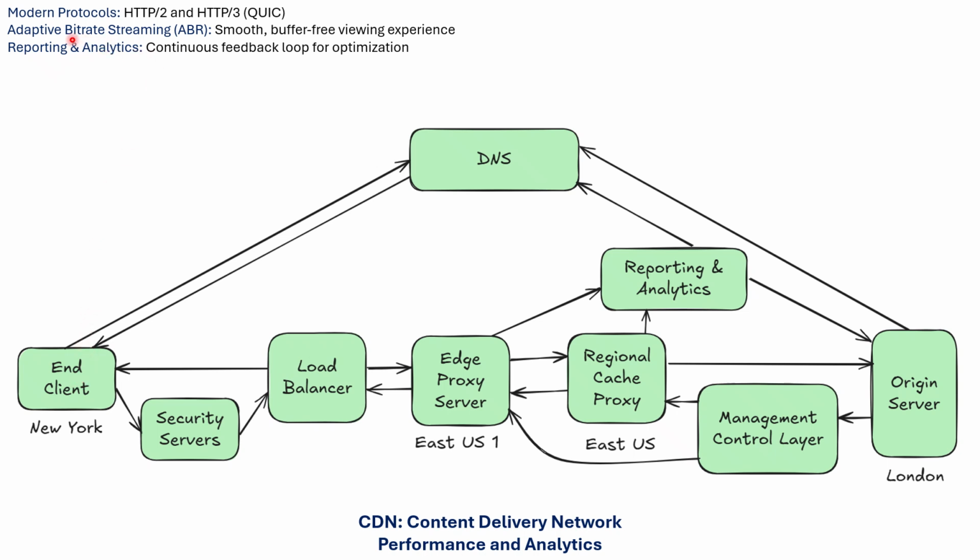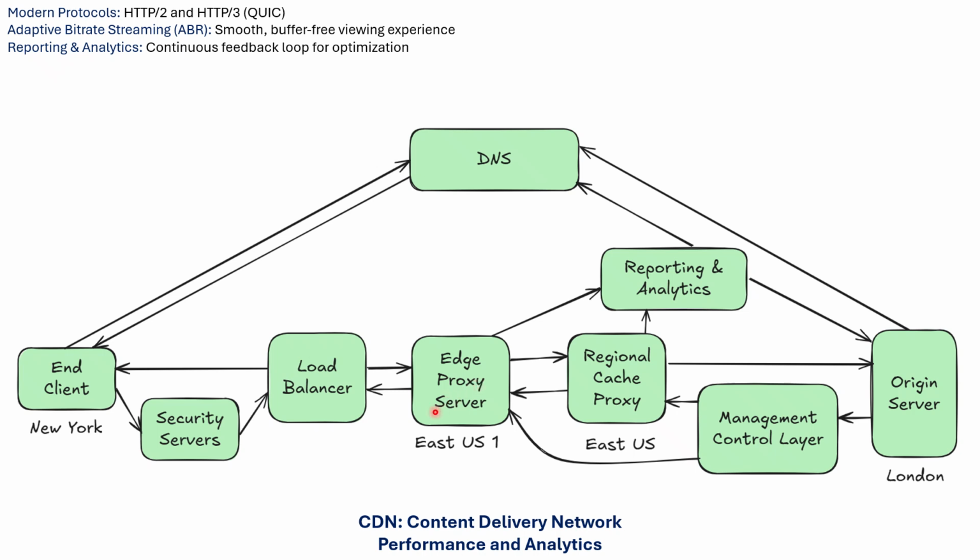For video, we use adaptive bitrate streaming, or ABR. This technique breaks a movie into many small numbered chunks at different quality levels. The viewer's video player, in this case the end client, constantly checks their internet speed and requests the next chunk from the proxy edge server.